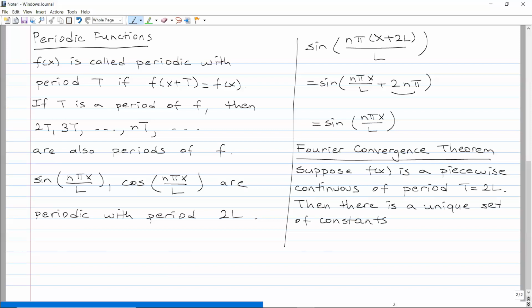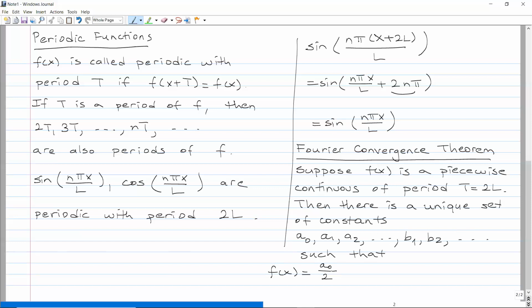We have two groups of constants, the A's, A0, A1, A2, infinitely many, and the B's, B1, B2, such that we can write our function f as, this is like a power series, but instead of powers of x, we are going to have sine and cosine.